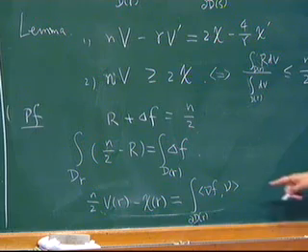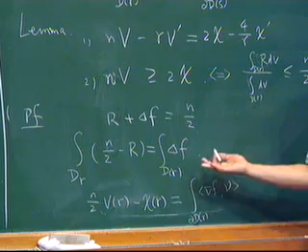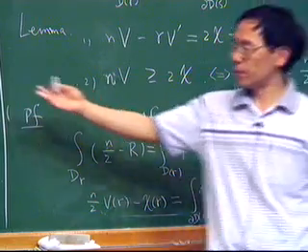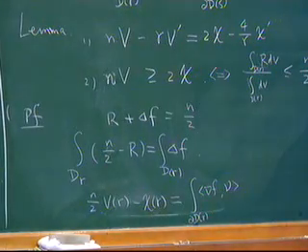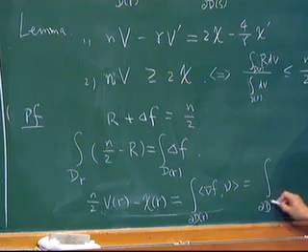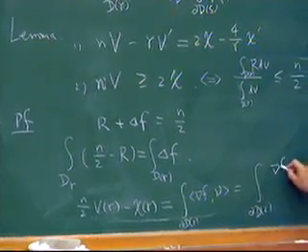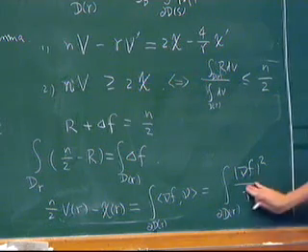So we know that this is a level set of function rho, or equivalently a level set of function f. It's equal to this. So we have gradient f squared over f.